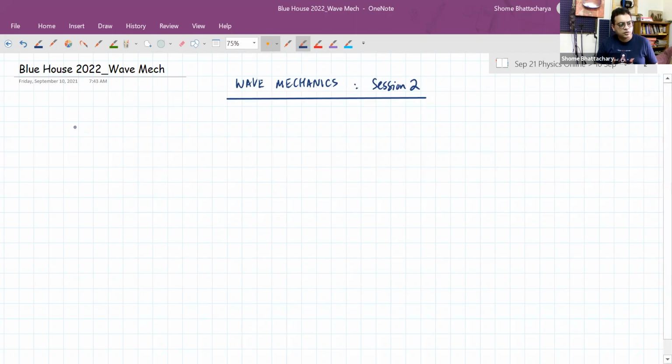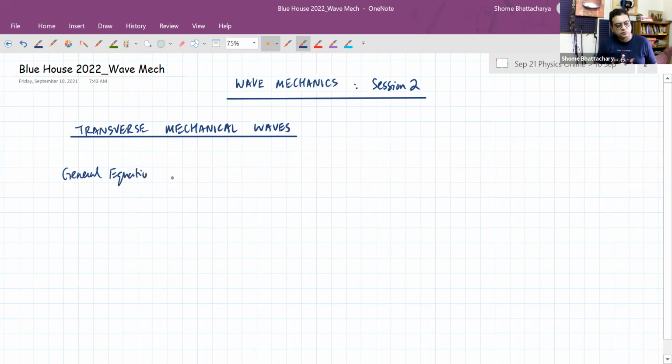So we are talking about transverse mechanical waves, and we're looking at the general equation of a one-dimensional transverse harmonic or sinusoidal wave.